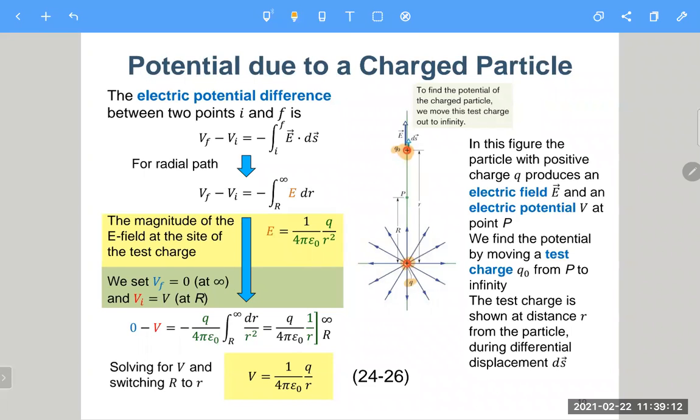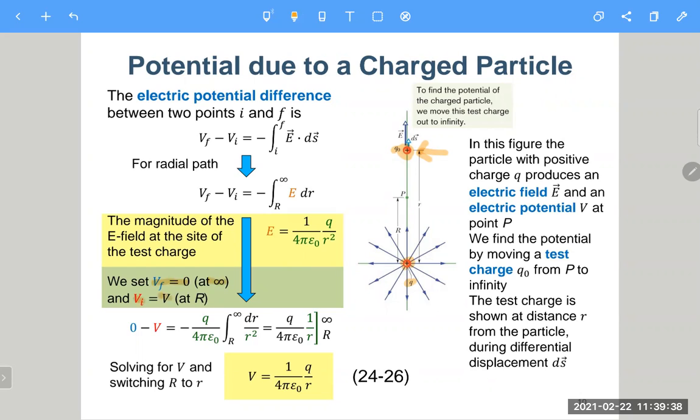The E field generated by the bottom charge will be pointing upward at this point. And so we assume that this charge will move from this point to infinitely far away, which means that Vf is 0 at infinitely far away.